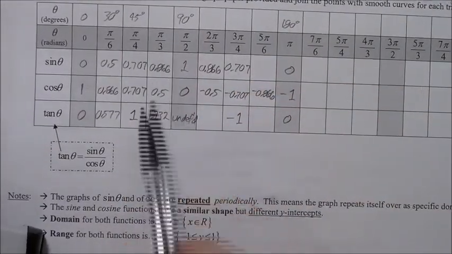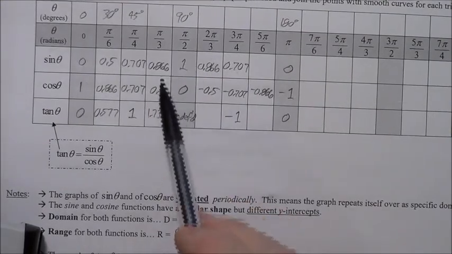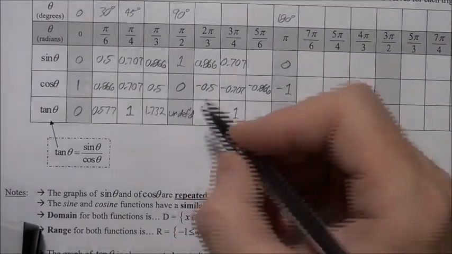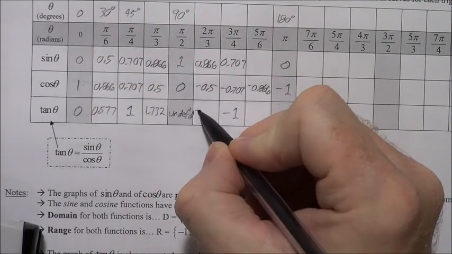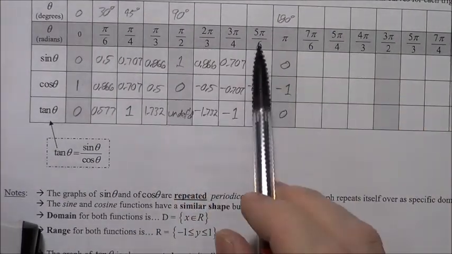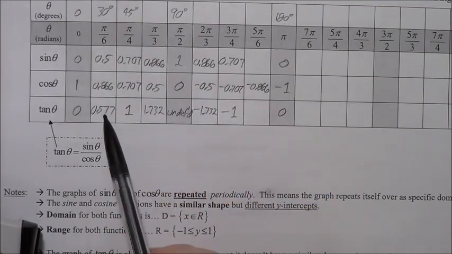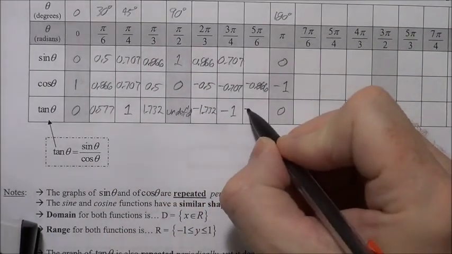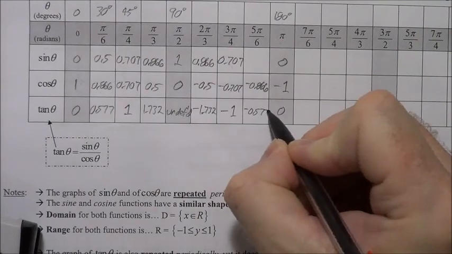And then in the second quadrant, this ratio is going to be the same here, but in this case it's going to be negative 1.732. And then for 5 pi by 6 it's going to be the same as pi by 6, but only negative as well. Negative 0.577.